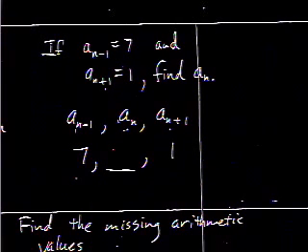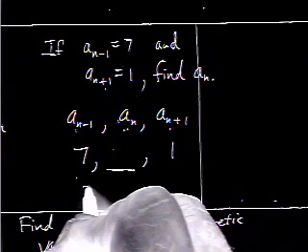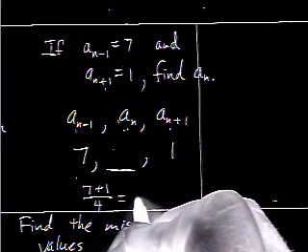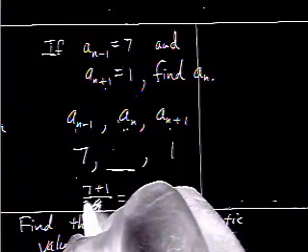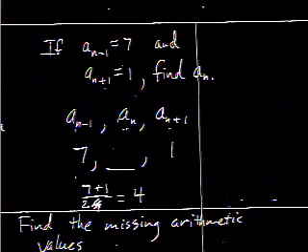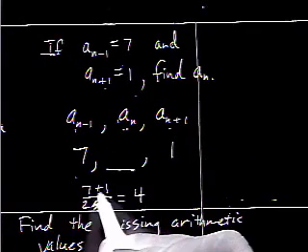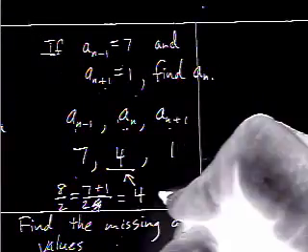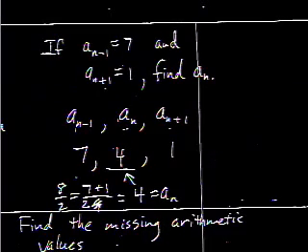Well, they're asking me for the missing term, just like the last question, except they didn't use all that weird notation. So it's found the same way, 7 plus 1 over 2. Well, why am I saying over 4? Probably because I know the answer is 4, right? 8 over 2 does give me 4. So that's the missing term. That's a sub n.